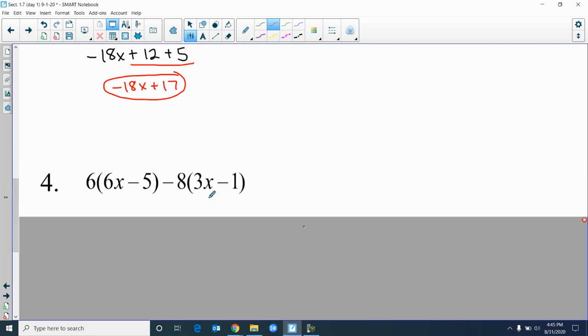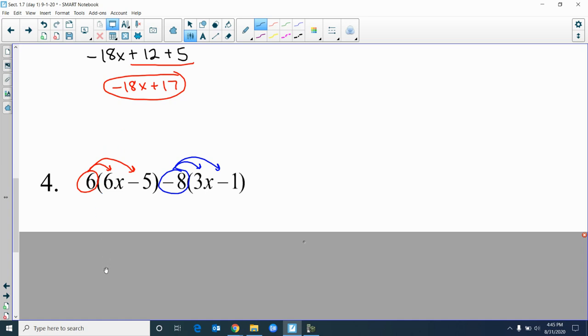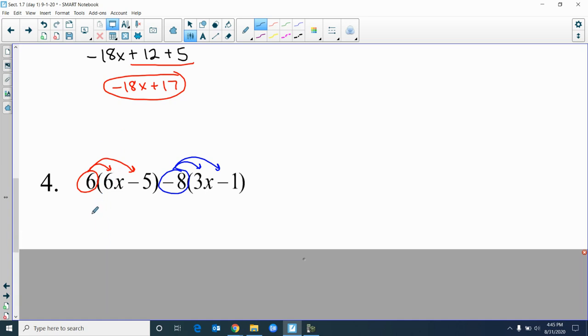All right, now I got 2 sets of parentheses. Okay, 2 sets. On the first set, the 6 is going to multiply by the 2 numbers in the first set of parentheses. And the second one, the -8, is going to multiply both of them. So now this becomes 6 times 6x, which is 36x. 6 times -5.